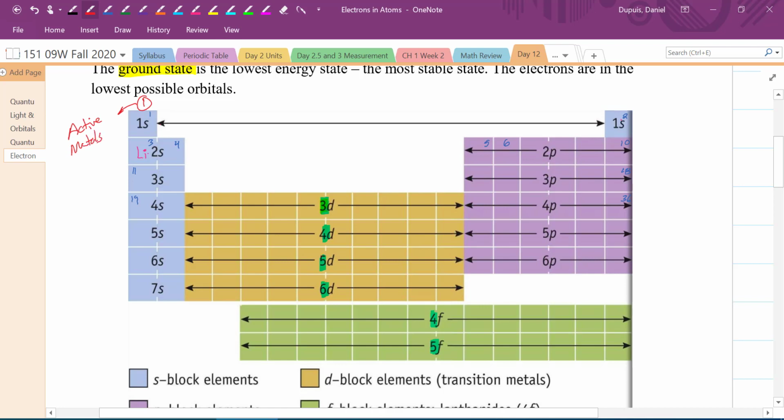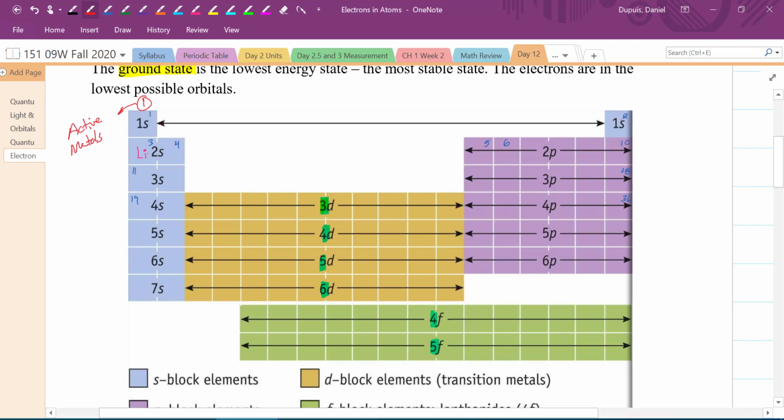They're not found in nature by themselves. You don't find sodium metal. You don't find potassium. They're highly reactive. You can find them in salts as sodium ion or potassium ion, but you don't find just potassium metal in the ground.